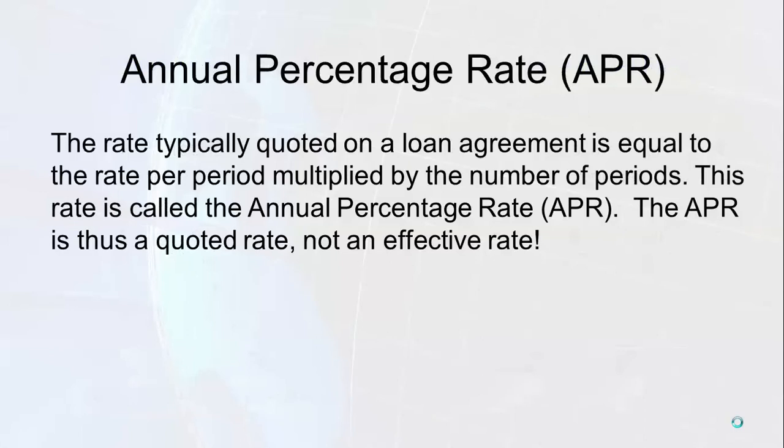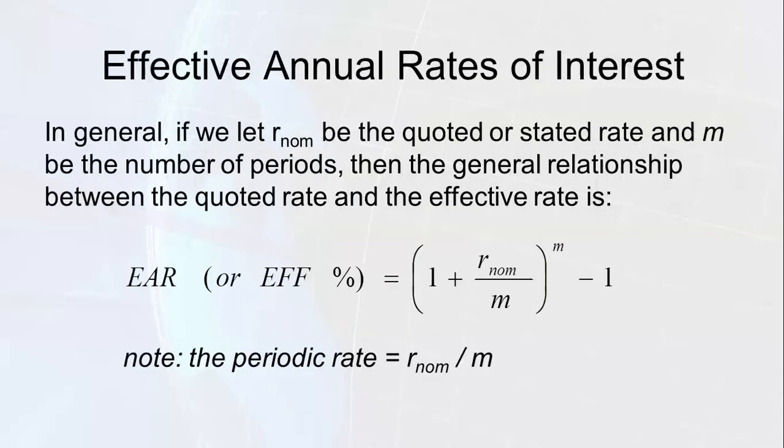Okay, so annual percentage rate is typically the quoted rate on a loan agreement. It is equal to the rate per period multiplied by the number of periods. This rate is called the annual percentage rate, and the APR is the quoted rate, not the effective rate. So you can use a formula to find the effective rate.